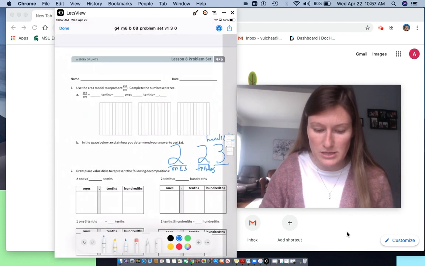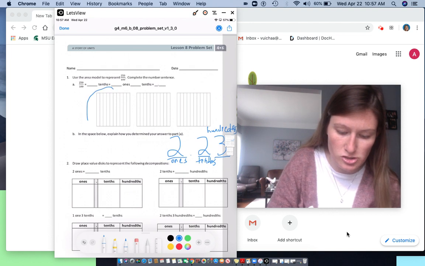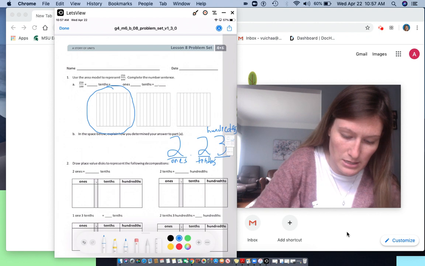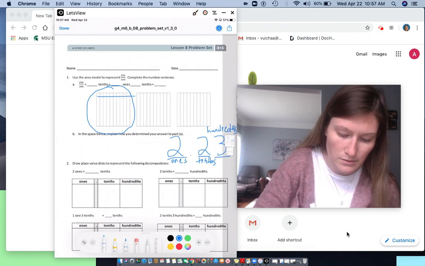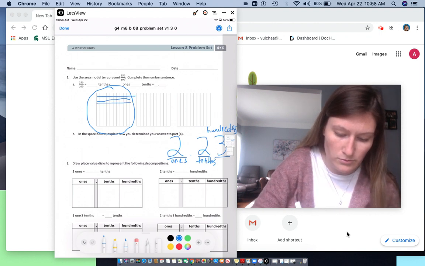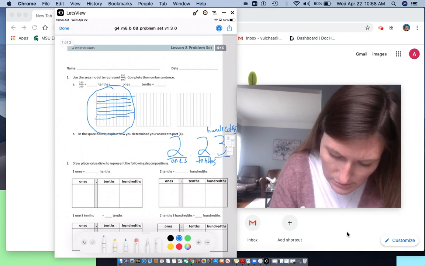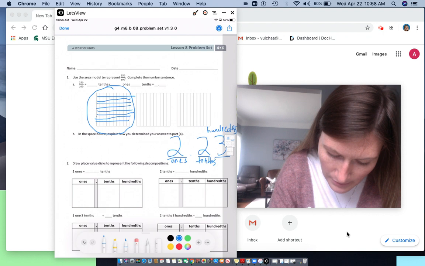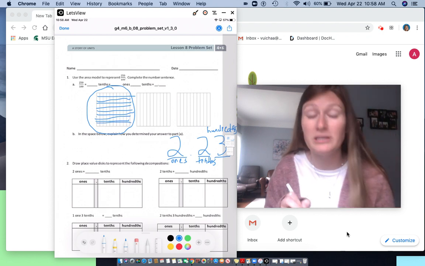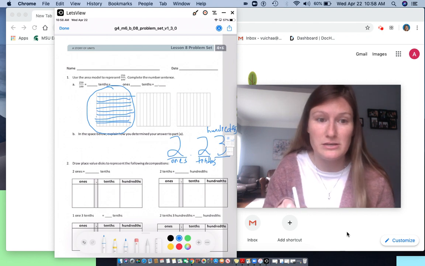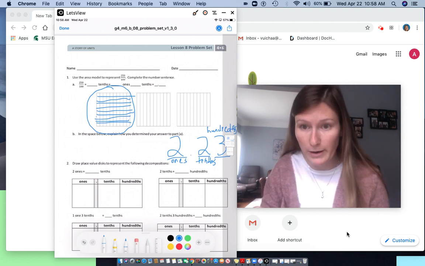Now it takes 10 tenths to make a 1, and it takes 10 hundredths to make a 1. Remember, in these pictures, this shows 10 tenths that makes a 1. Now if I make 9 lines, I'm sorry about my lines, but you see there's 100 little squares.